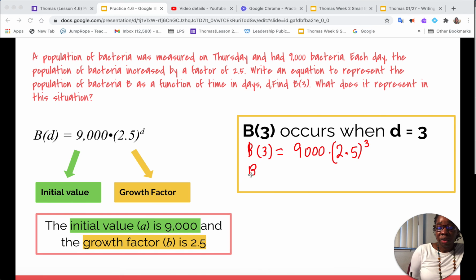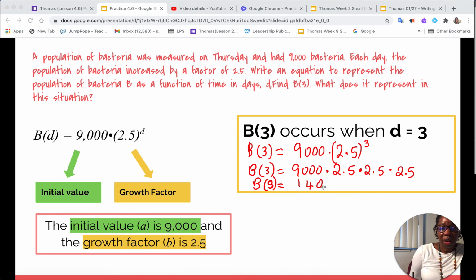And you can write this in expanded form. So what that actually means is 9,000 times 2.5 times 2.5 times 2.5. And when we simplify that using our calculators, that should give us 140,625.